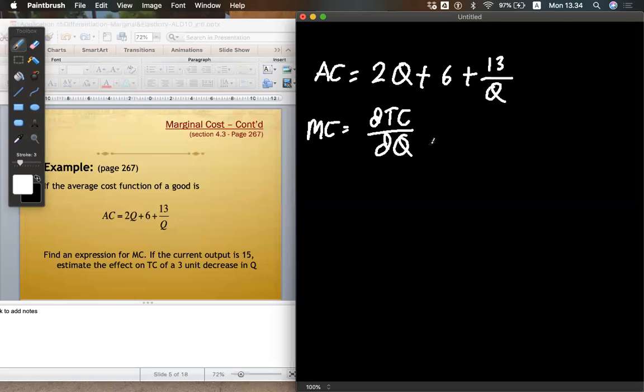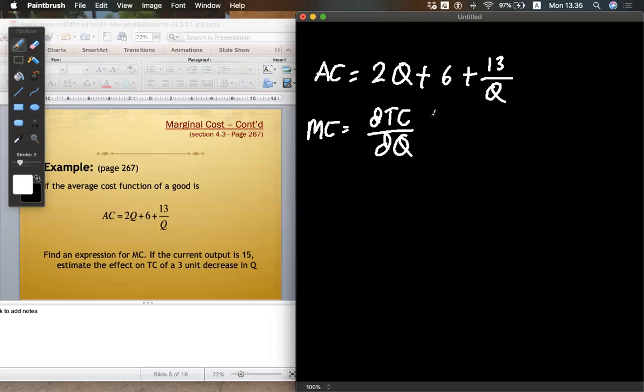Because this is not a division, we don't have to divide this equation by q and then it becomes 2. No, because this is the derivative. So we need the rules of derivative, not the division or calculation in numbers.